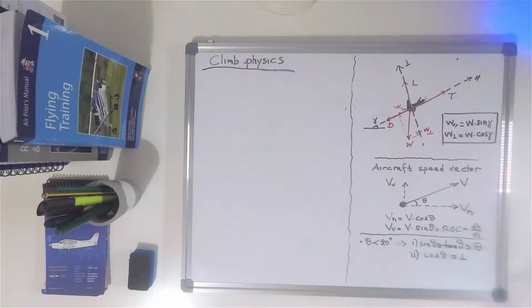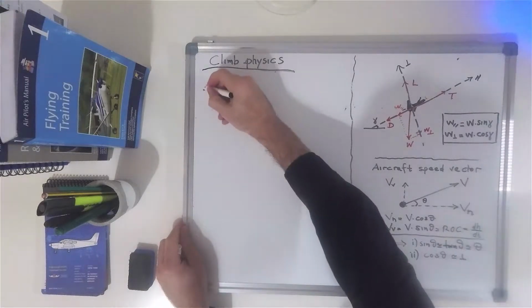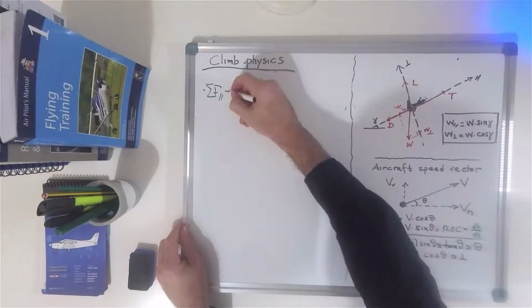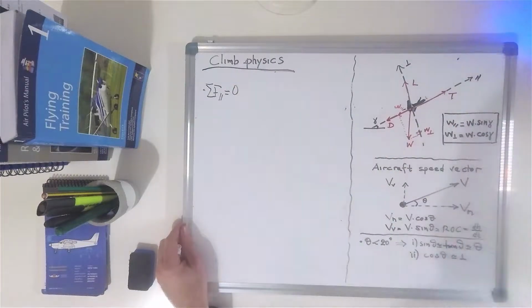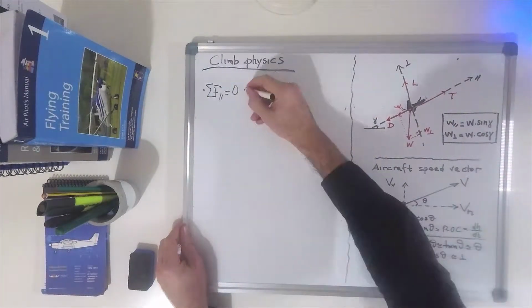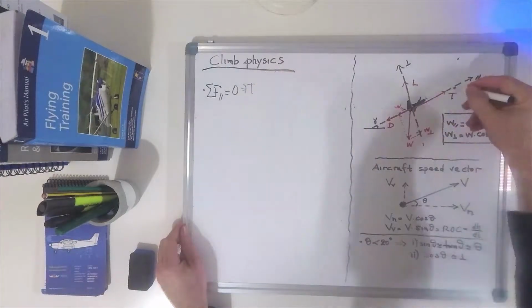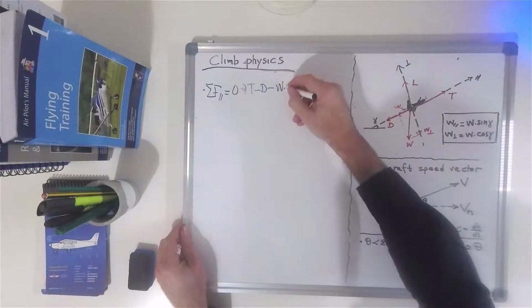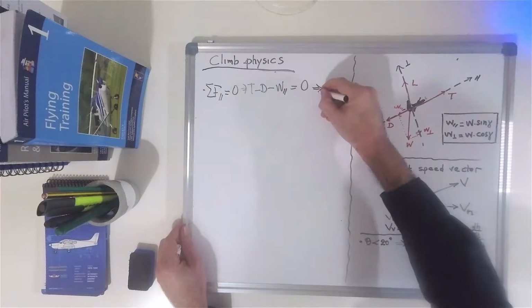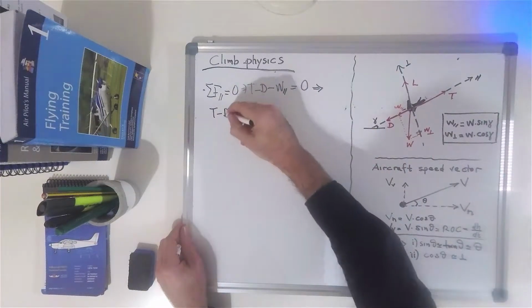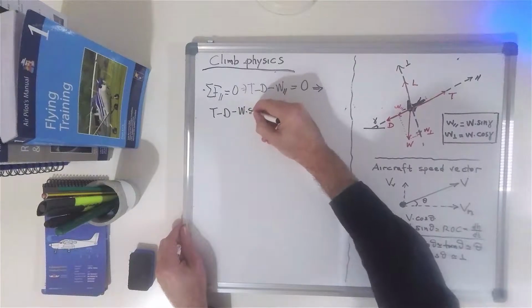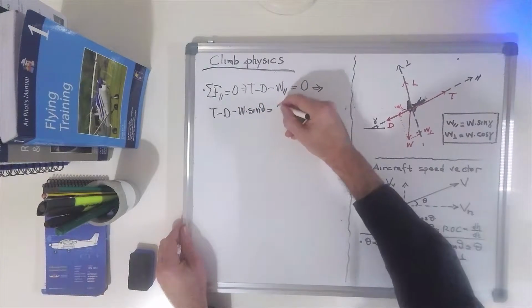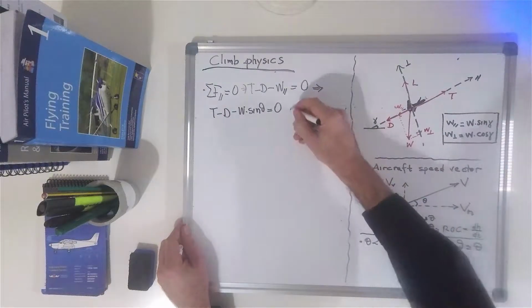So, from the climb formulas with no acceleration, with constant airspeed, supposing this time, we are going to have in the parallel axis no acceleration, as we just said, so it will be thrust minus drag minus that component of weight, which is this.